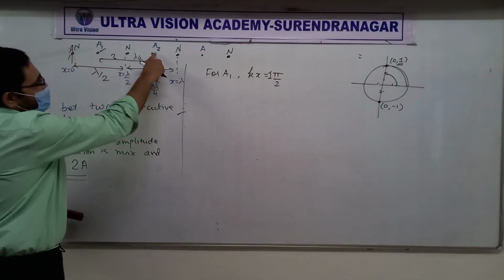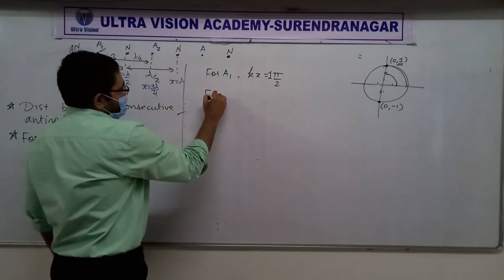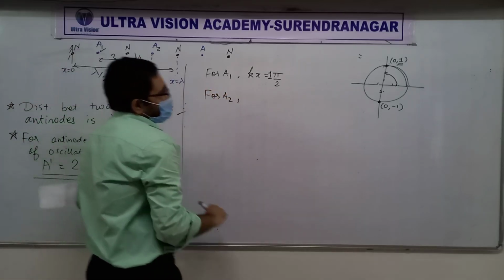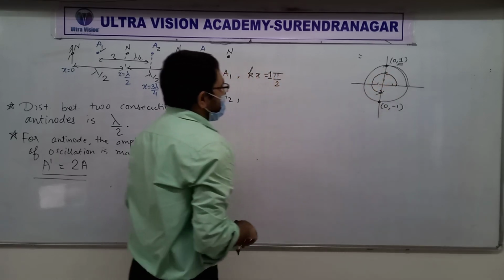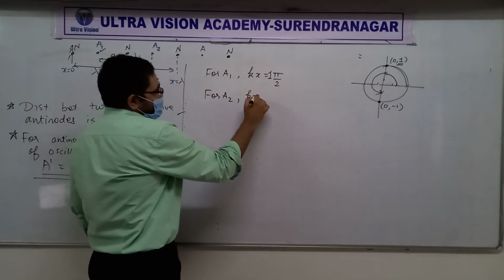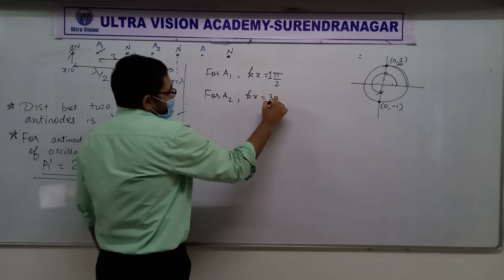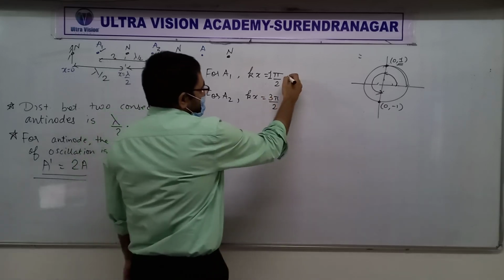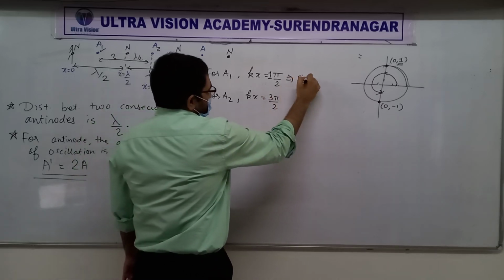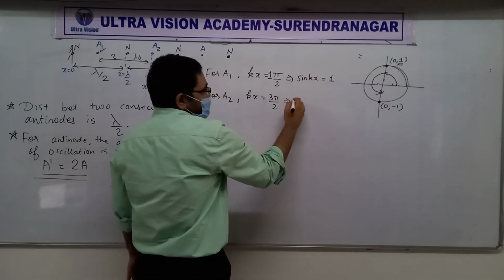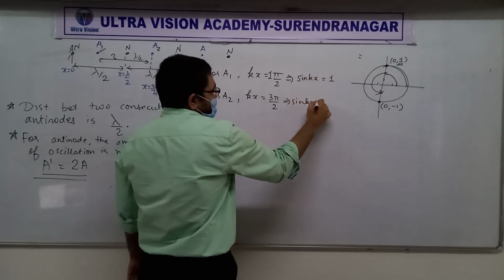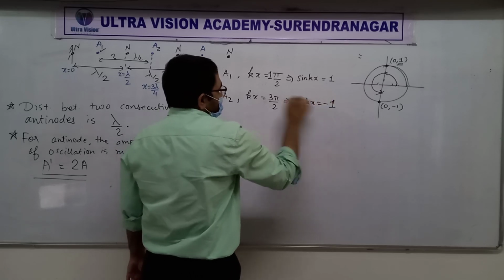Now let's talk about A2. For getting to A2, we have to go all the way till here, so we get kx equal to 3 pi by 2. Now what this means is that here sin kx is plus 1 and here sin kx is minus 1. Is all this clear?